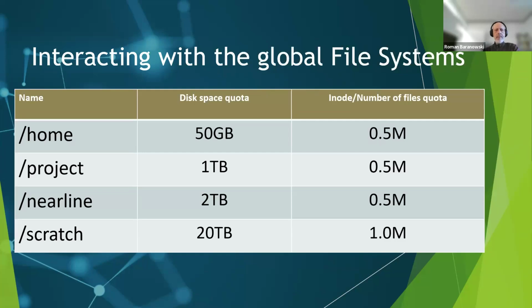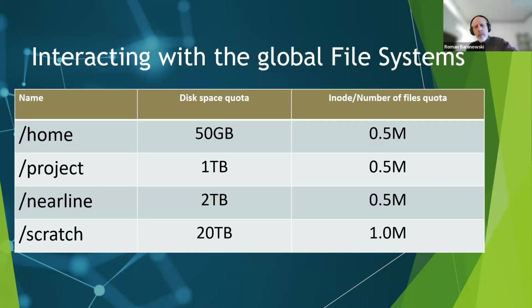In essence, this should be a very static type of data, right? Because home is being backed up. So in order to have an efficient backup of the system, we don't want files which are changing rapidly.